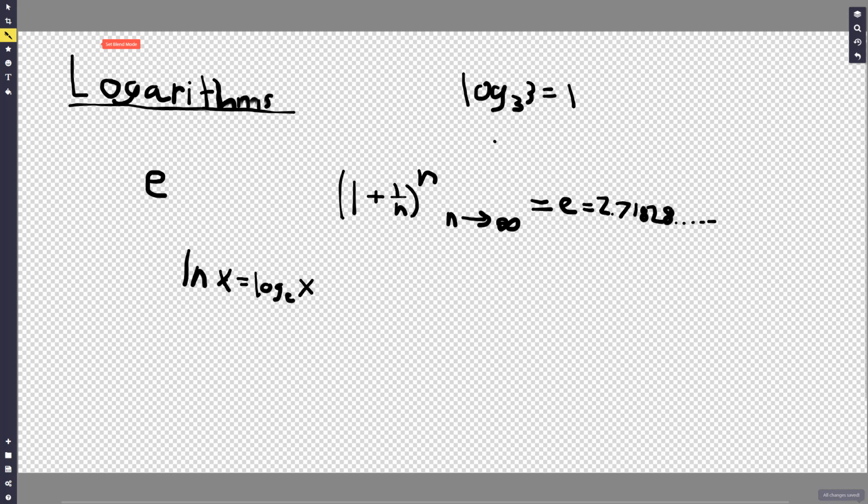So if we have a constant e and we want to cancel it out, we could do the natural log of e, which is equal to 1, because that's the equivalent of log base e of e, which is saying e to the power of what is equal to e? We know that's equal to 1.